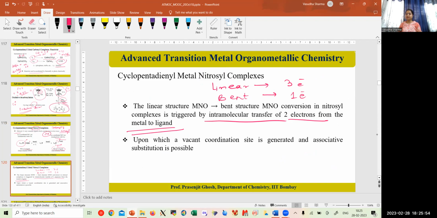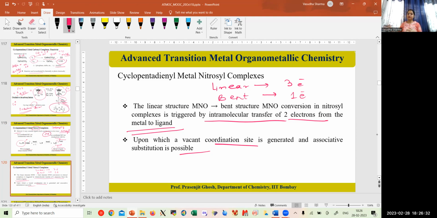So when the two electrons transfer from the metal to the ligand, the linear to bent conversion happens very easily, upon which a vacant coordination site is generated and associative substitution is possible. Because of this intramolecular two electron transfer, it will create a coordination site, and therefore associative substitution will definitely occur, where one ligand can come because the site is vacant now.